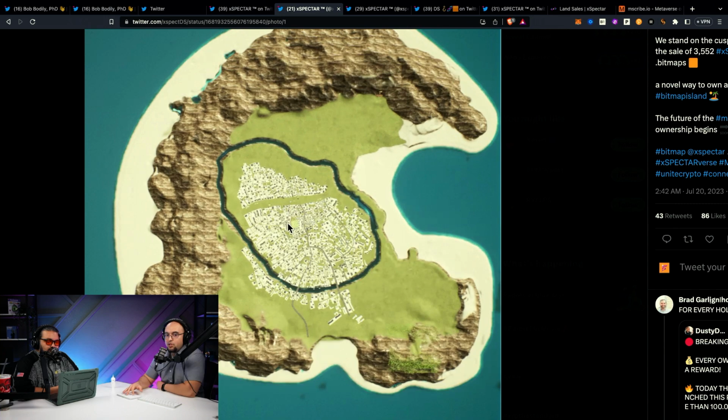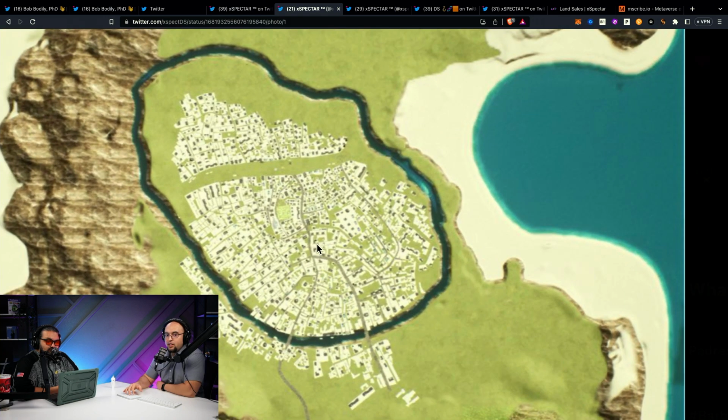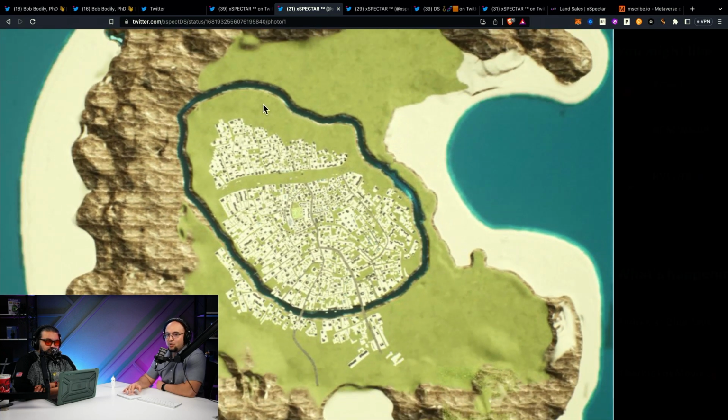We could be interpreting this completely wrong, so we would have to catch up with Dirk and Bob on this. But it seems to me that all the 3,500 Bitmap holders are going to be living in the same space, which is cool. However, each one of the 3,500 has potential to be its own space.